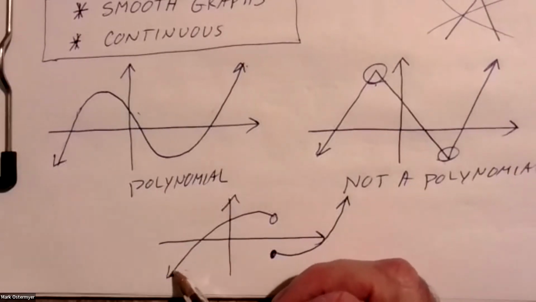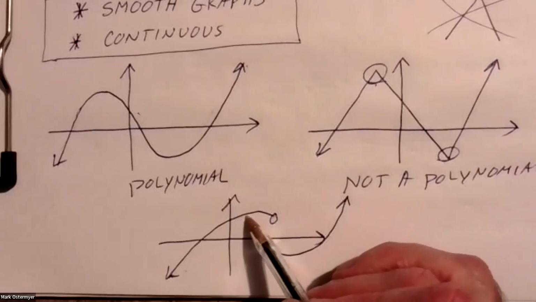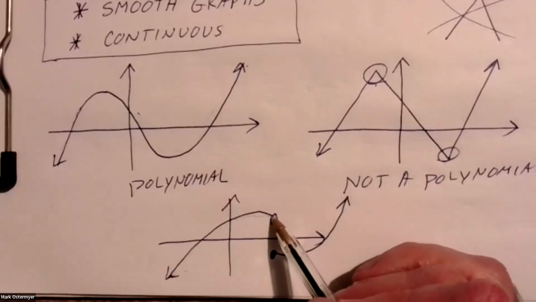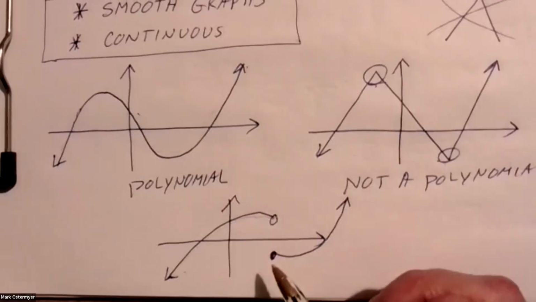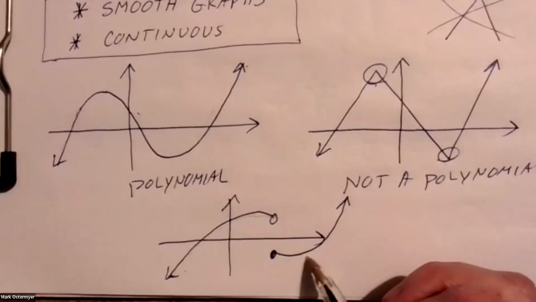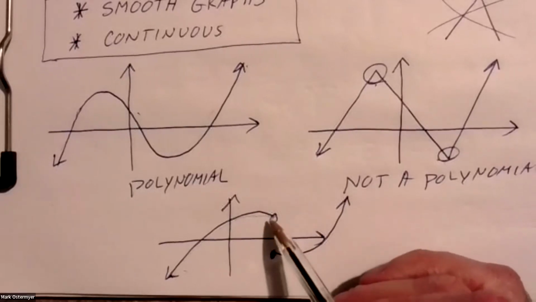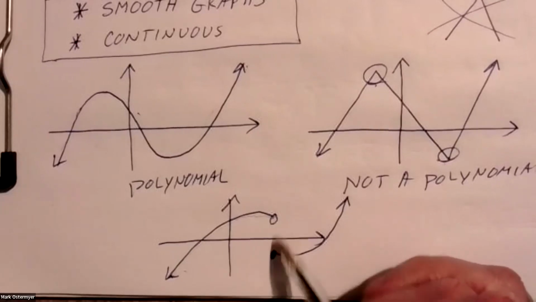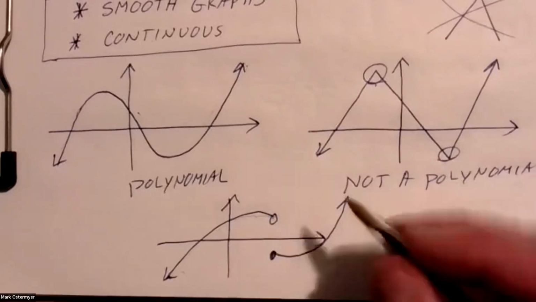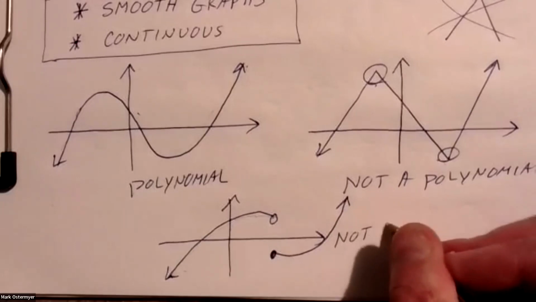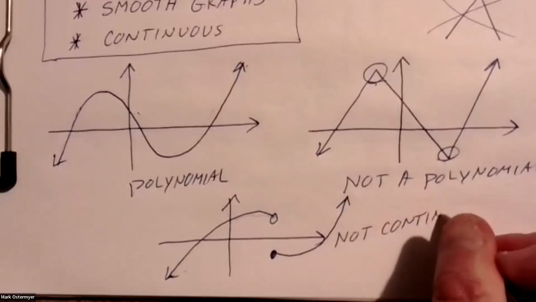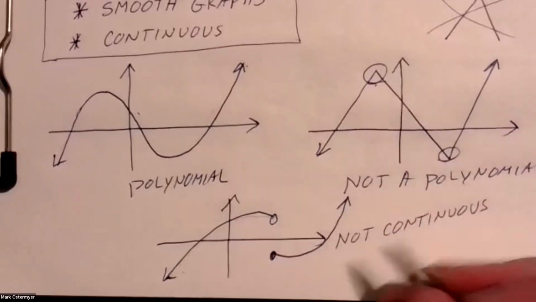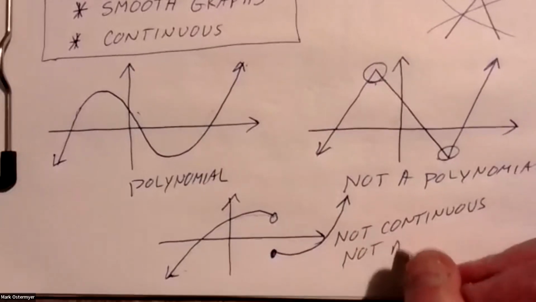Well, watch my pen as I trace the graph. I must pick pen up off paper, place it over here, and then continue. Because I had to pick my pen off the paper, ladies and gentlemen, this function is not continuous here. Okay, not continuous. Therefore, it's not a polynomial function's graph. Not continuous, not a polynomial.